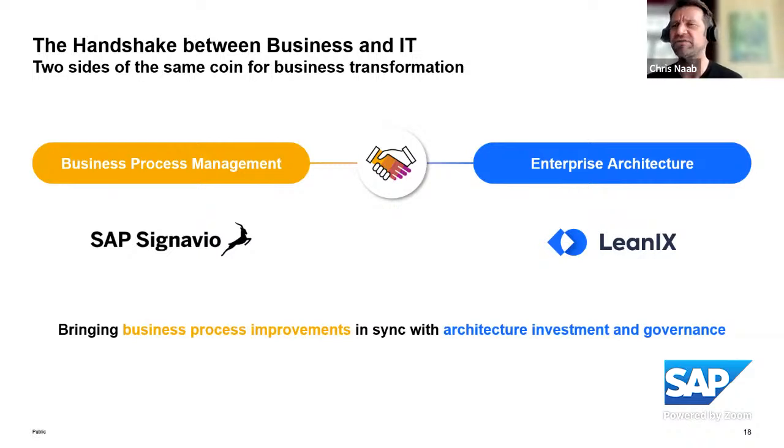And enterprise architecture comes more towards the IT side of the enterprise, which helps us manage complexity and manage from an IT perspective throughout transformations. Now, if you think about it, both disciplines, although they're often disconnected, really have the same objectives. They're both set to enable business strategy. They're both set to enable transformation.